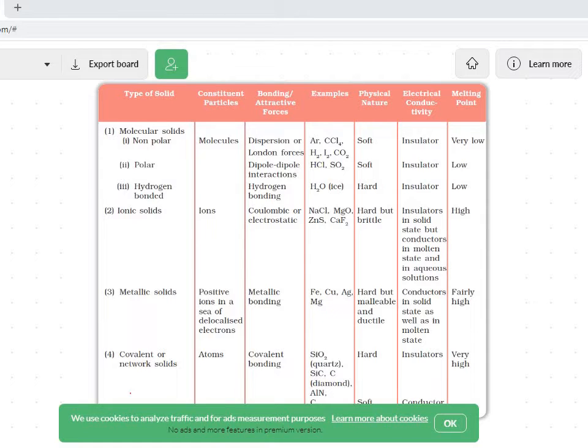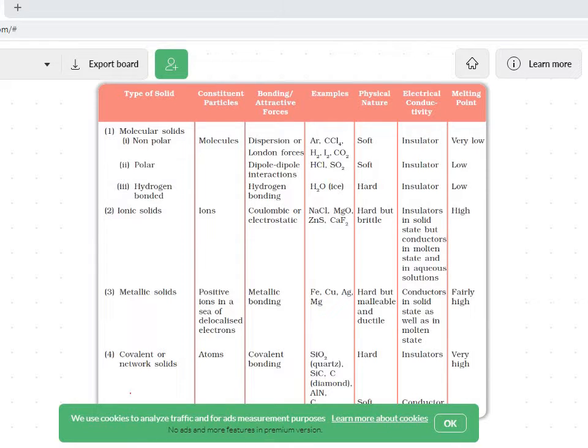Today we are going to learn the classification of crystalline solids. In the previous lecture, we have started chapter 1, the solid state. I have given you the brief idea regarding the solid state, its characteristic properties, and the amorphous and crystalline solids.